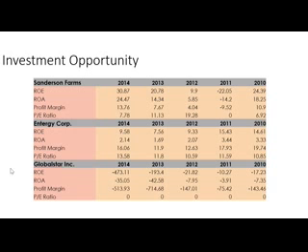Now, Globalstar, on the other hand, a communications company, they are running, and have been running, a negative return on equity, assets, and profit margins. These numbers show that they are in very much trouble.